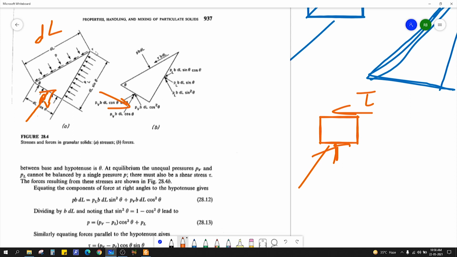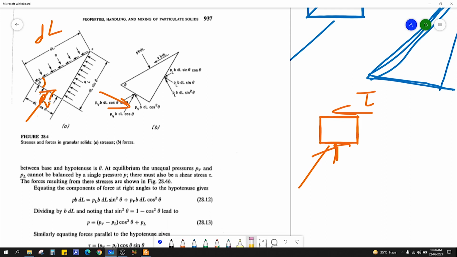Okay, tau is shear stress, and this is the pressure. I want to calculate the pressure in any direction, right? So I want to calculate the pressure P at any angle. So it will be a function of this angle. Okay, so we'll derive it.